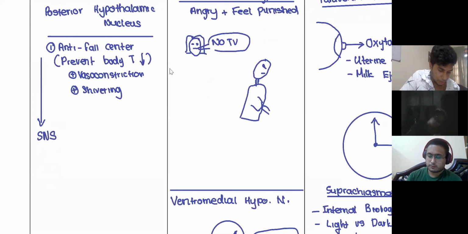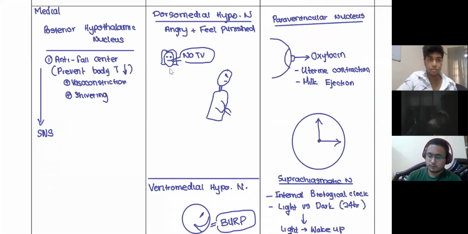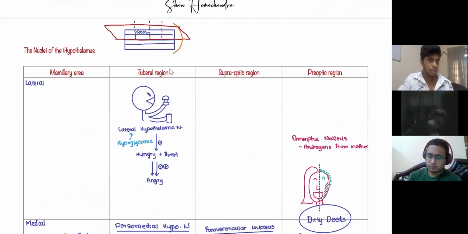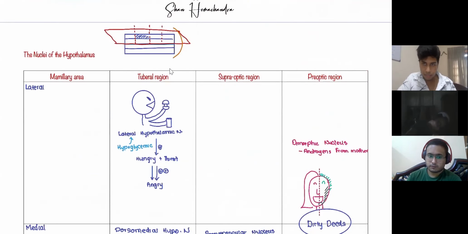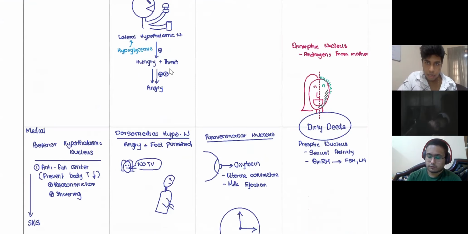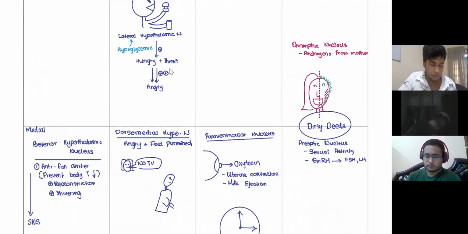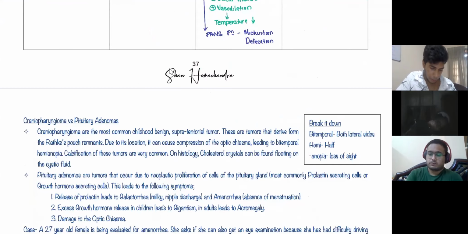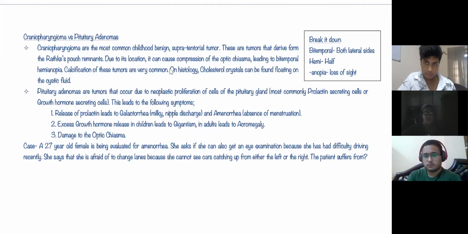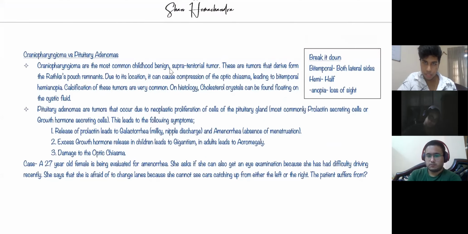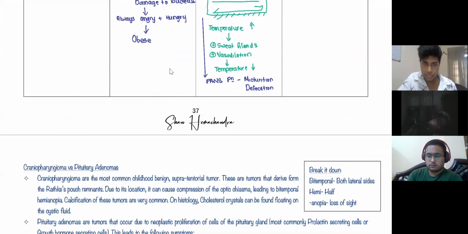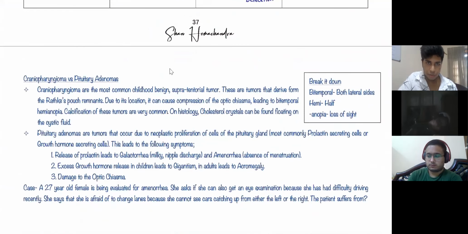That can lead to, yeah, you know the functions of the sympathetic nervous system. You guys understand this? These are the nuclei which are related to the nervous system. Because there are other nuclei also, like the supraoptic nucleus, which produces ADH. We won't go into detail.